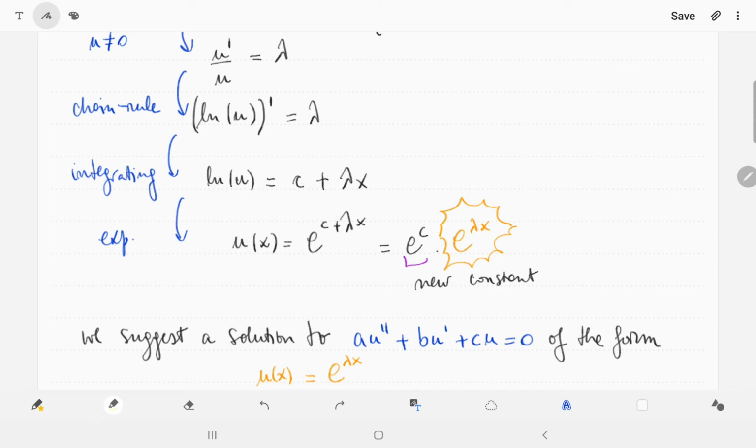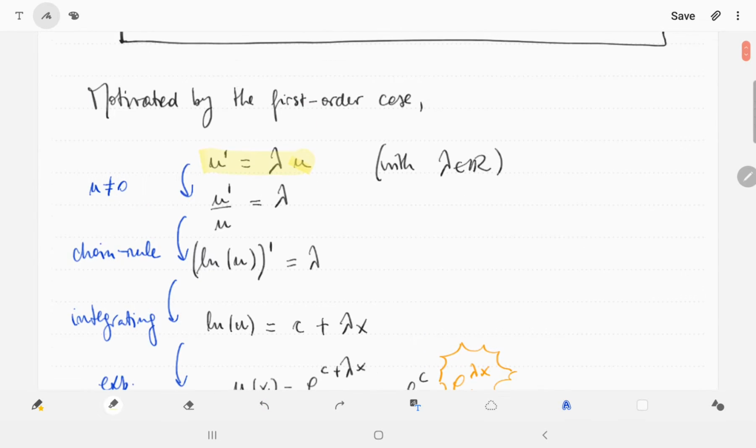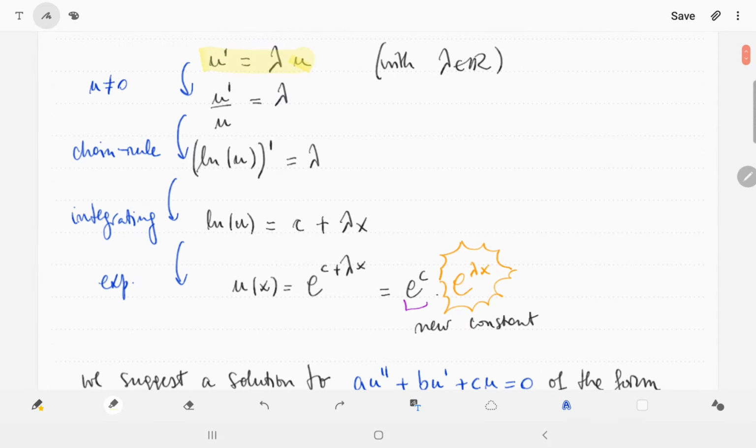So we can choose this constant equal to 1, let's say. So we get this solution, e to the power lambda x. This is a first order linear ODE, and we get this solution, e lambda x.